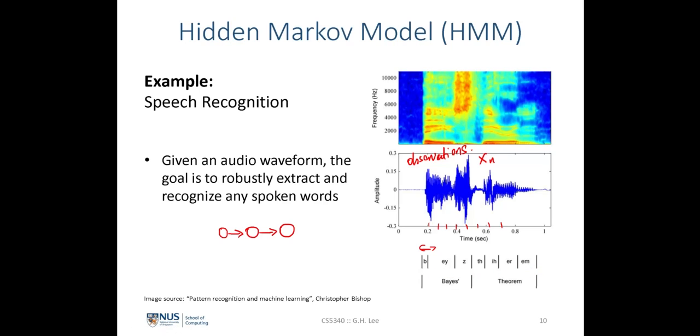Now suppose that each one of the segments here is our actual pronunciation, the actual spoken word, and this would correspond to the unknown latent random variable, which we wish to infer from the observed sound wave, the observed amplitude of the signal of the sound, which we denote as x1. The hidden or latent random variable would be the actual spoken word that we wish to infer, which is denoted as Z1 in this case.